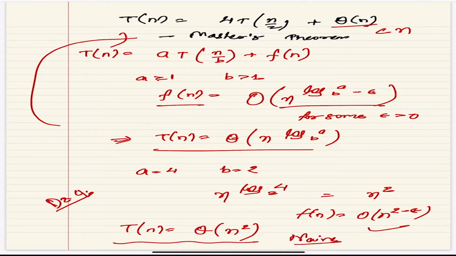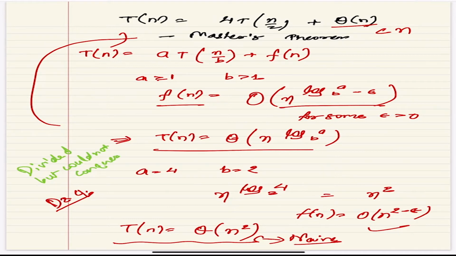Even the naive algorithm was giving me theta n squared. So what have I achieved by doing this nice divide and conquer? This is something we can call divided but could not conquer. Yes, I divided the problem, but overall I could not conquer. I am still doing the same time complexity n squared.